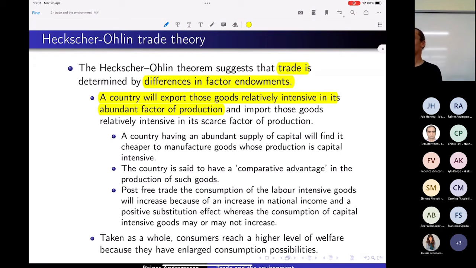And Mexico does the opposite. Let me repeat this. The US is capital abundant, compared with Mexico, it's a relative position. That's why the US is going to export the capital intensive good and import the labor intensive.